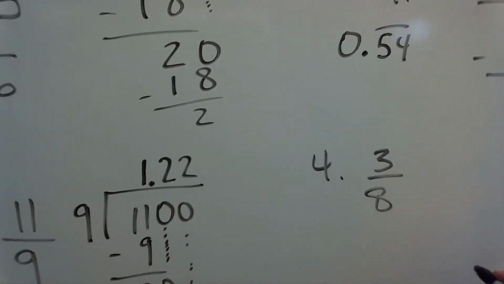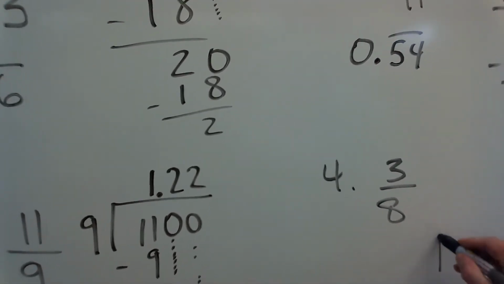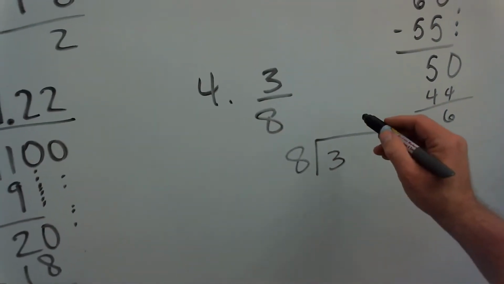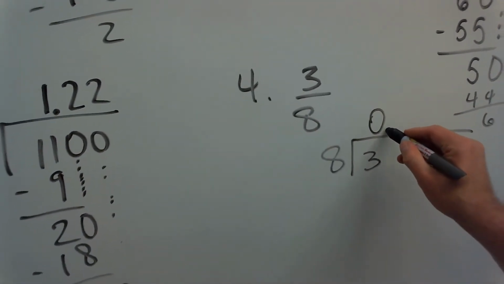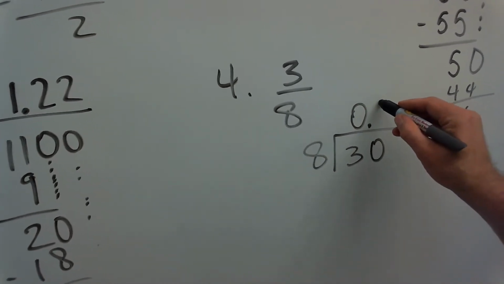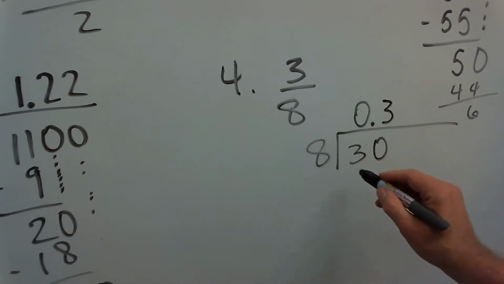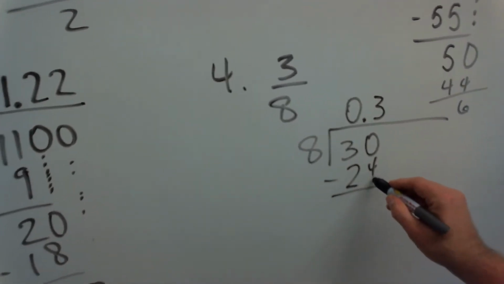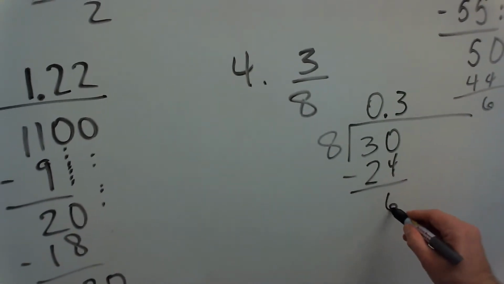3 divided by 8. 8 cannot go into 3, so we put a 0, decimal point, and a 0 below. 8 goes into 30 3 times. 3 times 8 is 24. Subtract 24 from 30 and we get 6.